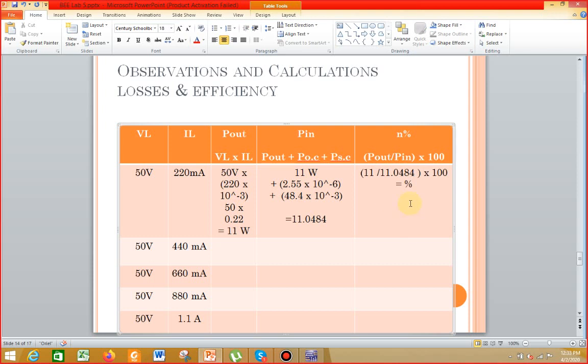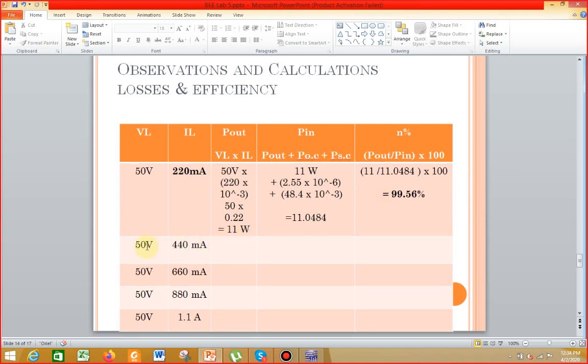So this now becomes 99.56, and this is the efficiency of your transformer for this particular case. So this means that if you put a load of 220 volts, 220 milliamps on your transformer, your efficiency will drop to 99.56%.